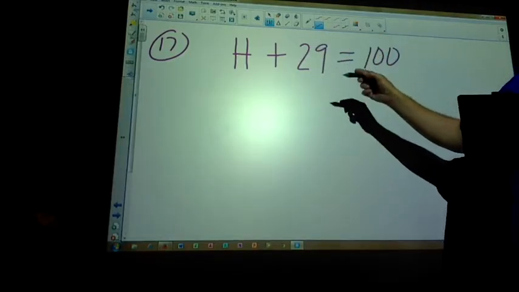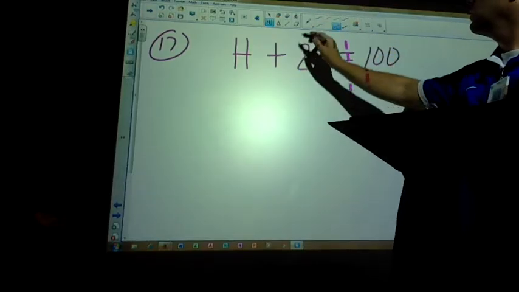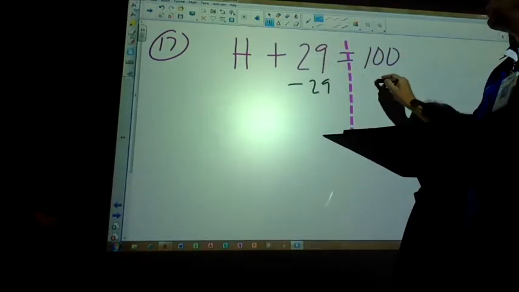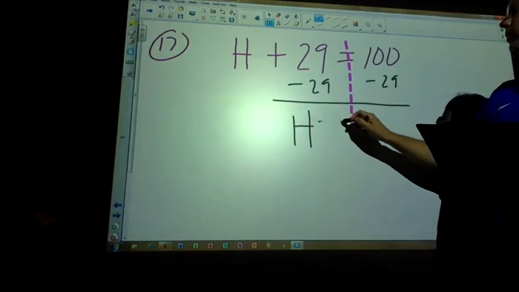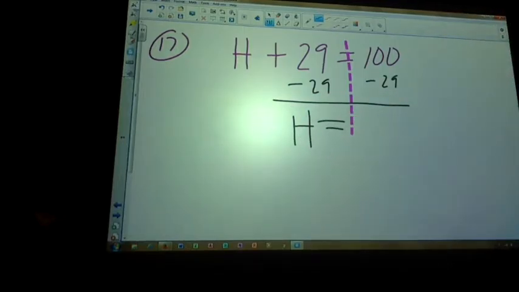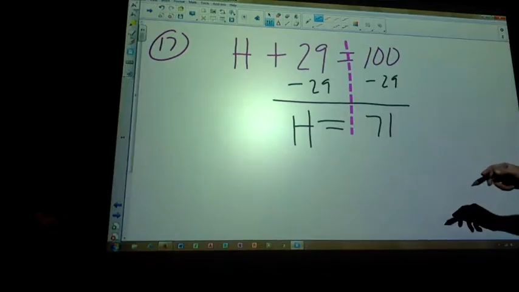So hat plus the 29 equals 100. Subtract 29 from both sides. So Crystal gets the hat. And what kind of change? $71. So Crystal gets the hat and $71. And that's the exchange that just took place.